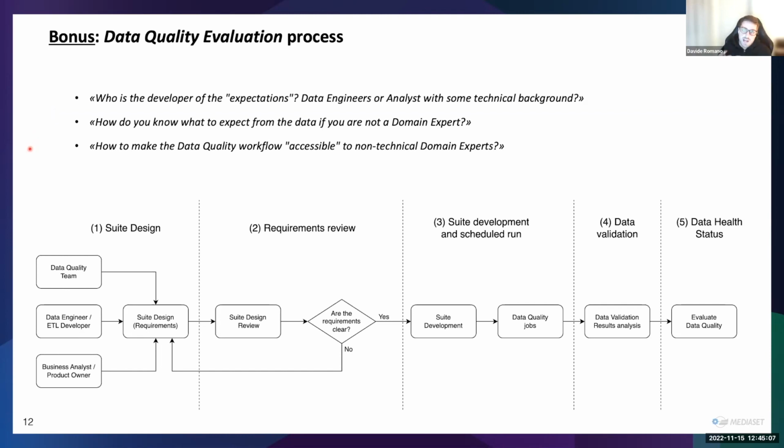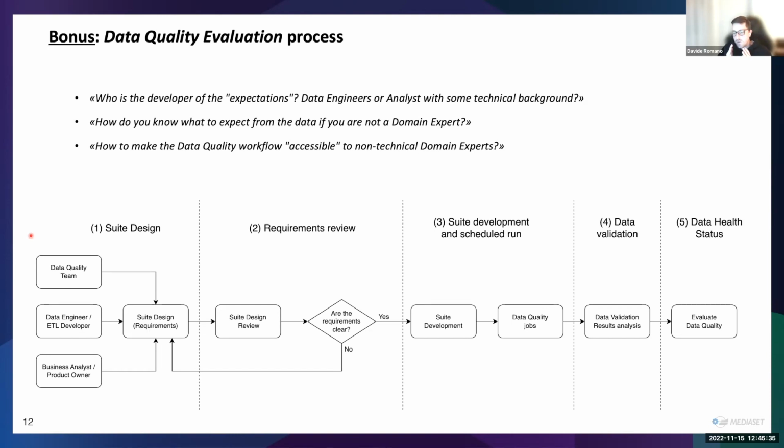So we tried to answer those questions by implementing a process that we called the data quality evaluation process. The process is composed of 5 steps. The first one is called the suite design. During this step, the domain expert is in charge of designing the expectation suite. But the expectation suite in this phase is just a design.